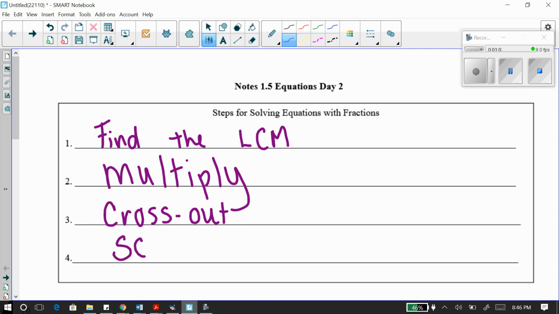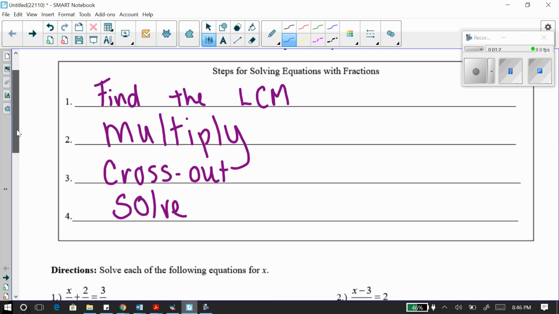And 4, solve. Again, when we do an example, this will make more sense and it'll all come back to you. But make sure you type these on the line. Find the LCM, multiply, cross out, and solve.